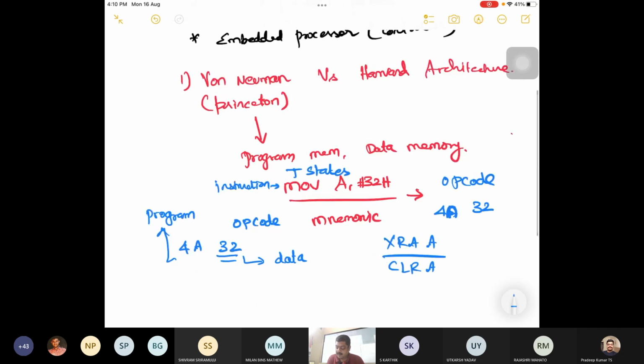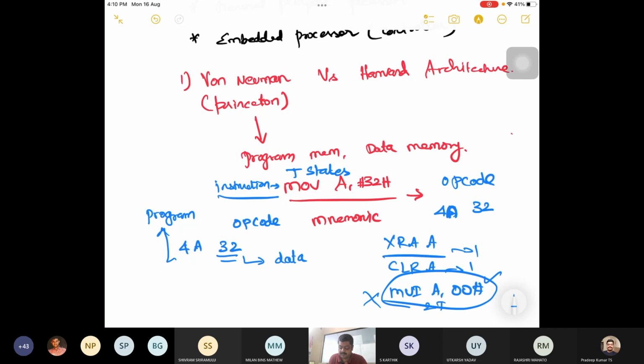Then XRA A, or else you can use MVI A, 00H. These instructions make the accumulator clear. MVI takes two T states, while the others take only one. So if you want to avoid the timing, you can avoid MVI, because it takes more T states. This way they optimize the time occupation.